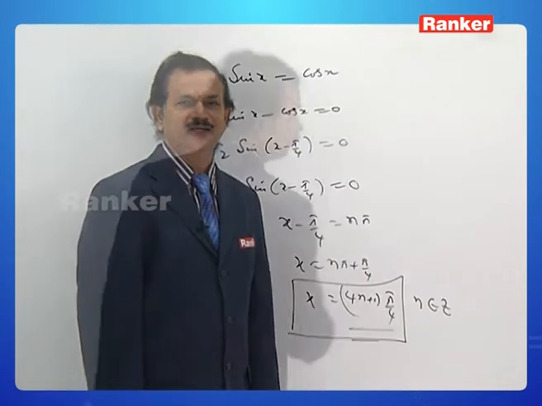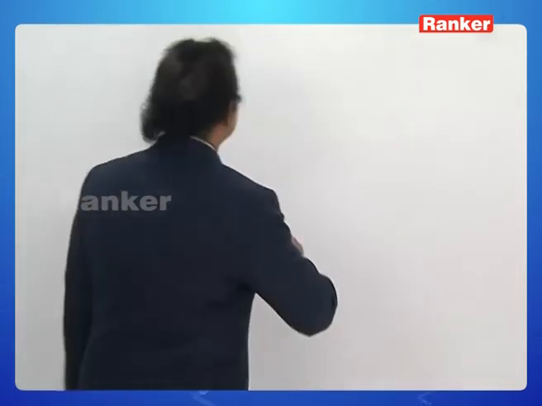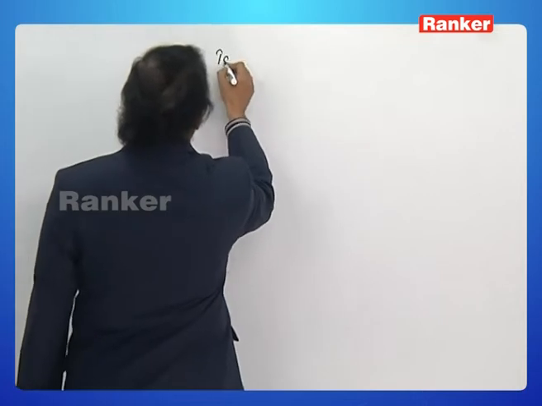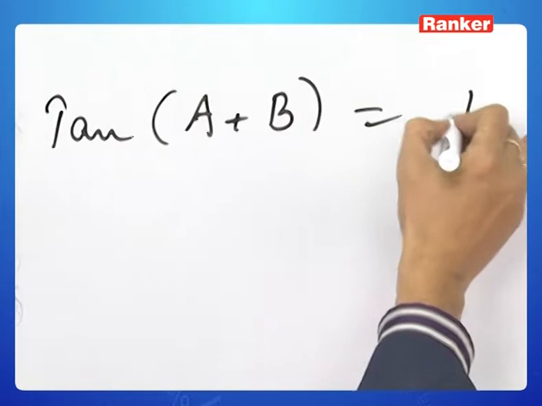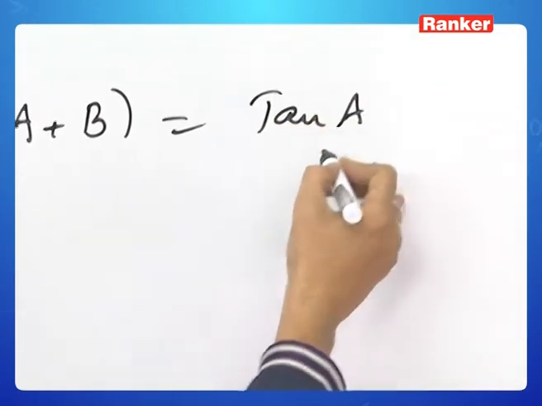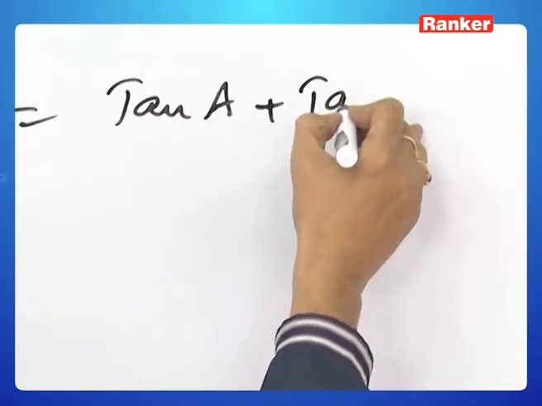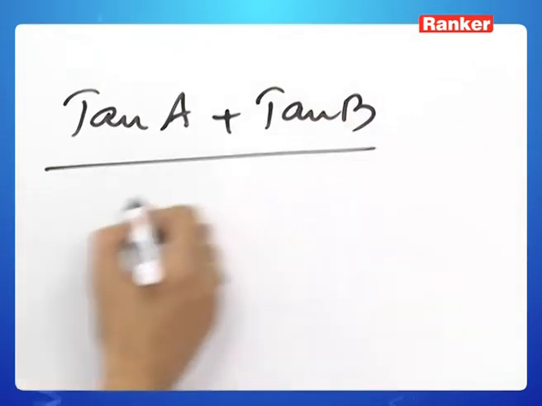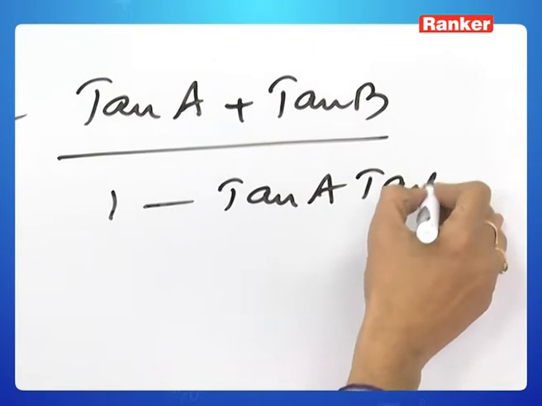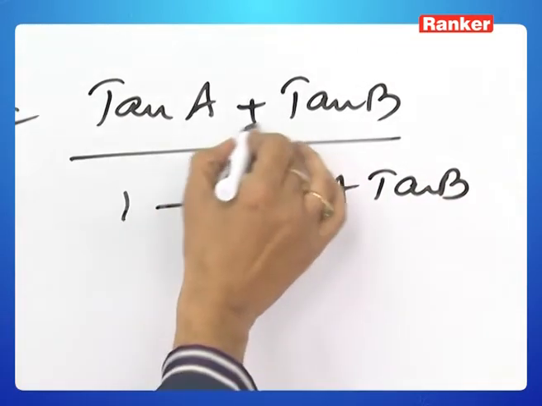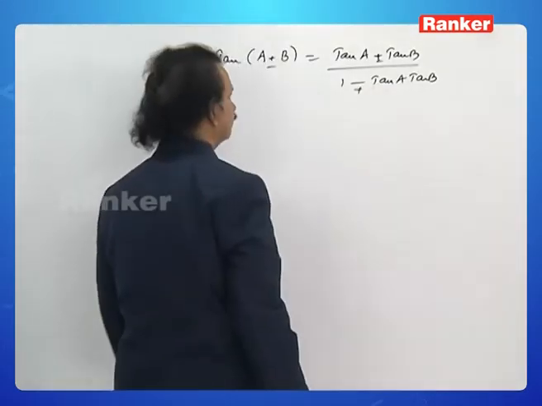Let us now observe the formula tan of a plus b is equal to tan a plus tan b by 1 minus tan a tan b. If this is minus, this is minus, this is plus.